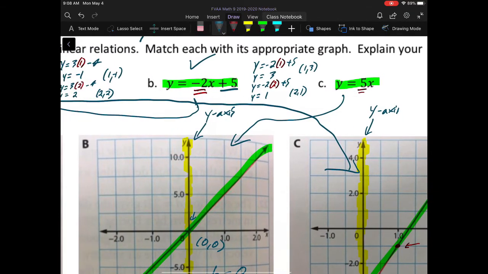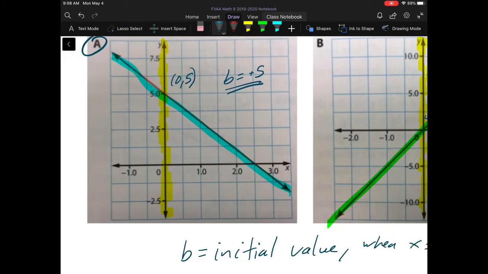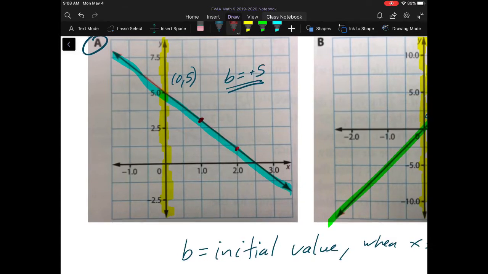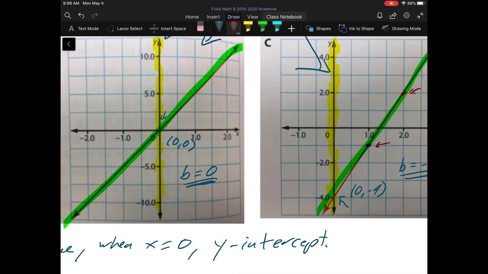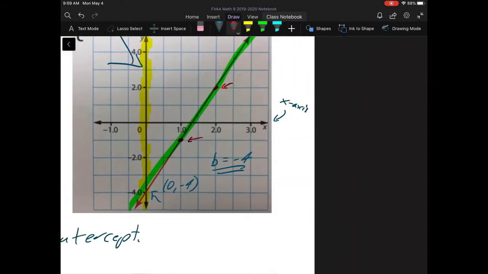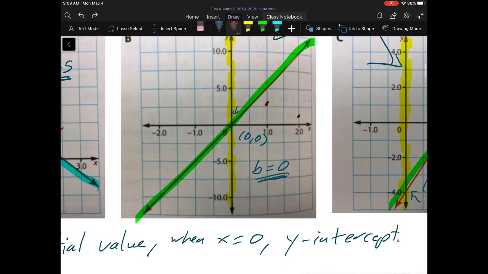Let's confirm. 1 and 3 is about there, and then 2 and 1. Because it's a scale of 2.5 here, it's a little bit sketchy, but those points both show up on my graph. And they also don't show up anywhere else, right? 1 and 3 would be like here, and 2 and 1 would be down here. 1 and 3 is way up here, and 2 and 1 would be here. So those points don't fit any other graph, and we confirm our answer once again.